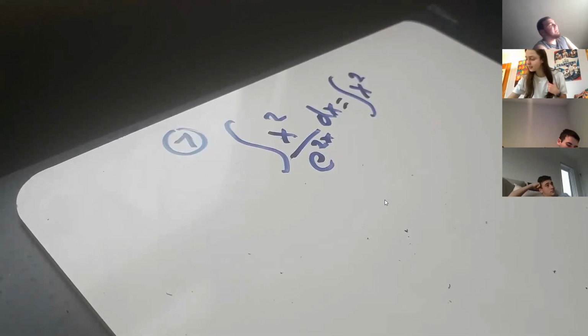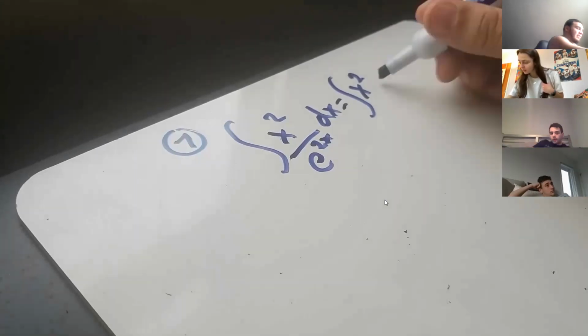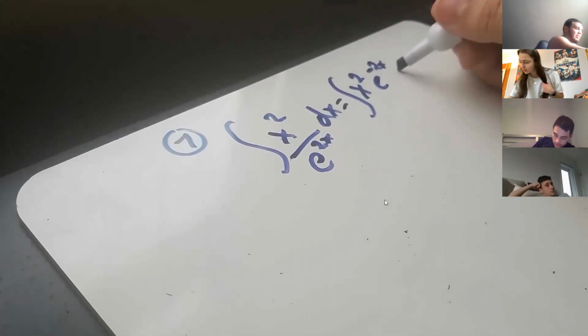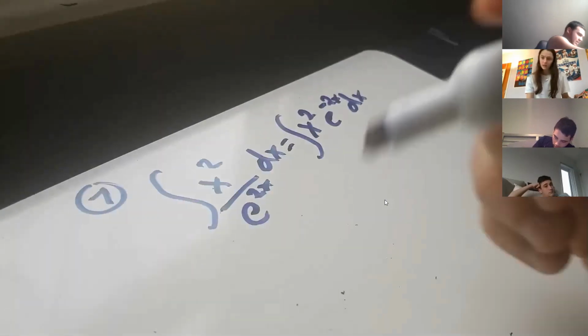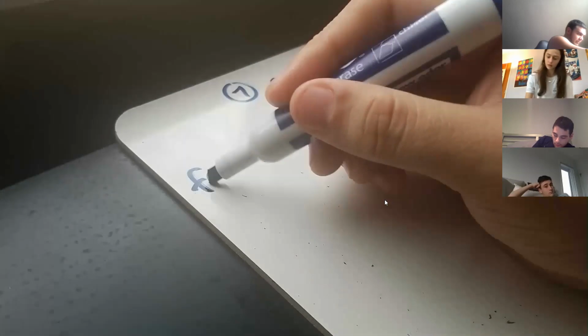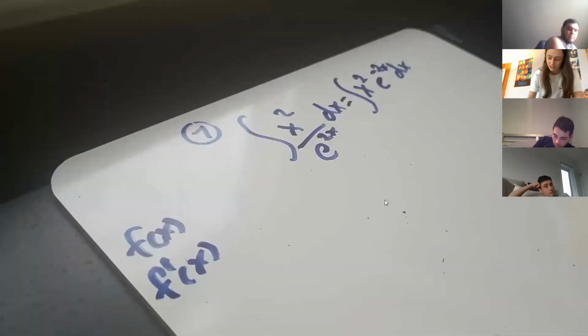Before we move on, wait. How do I rewrite e divided by e to the 2x as e to the negative 2x dx? And then from there, we don't have to deal with the fraction. Okay, so I'm going to put all my f of x's here.